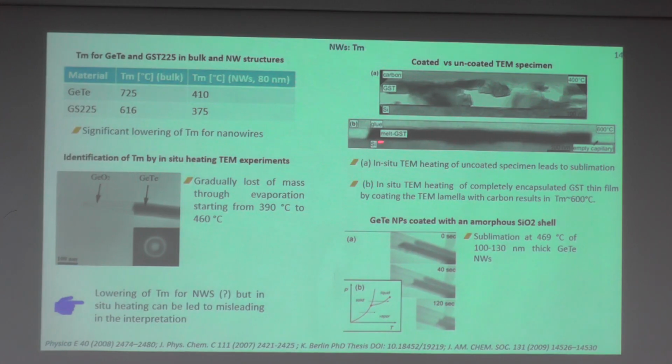In the case of thin film, you see the melting of the thin film starts at 600 degrees C. Here, if you also coat nanoparticles with amorphous SiO2, then you also find some melting and sublimation, and it starts at this temperature, 470 degrees C, and it's much lower than the bulk melting temperature.